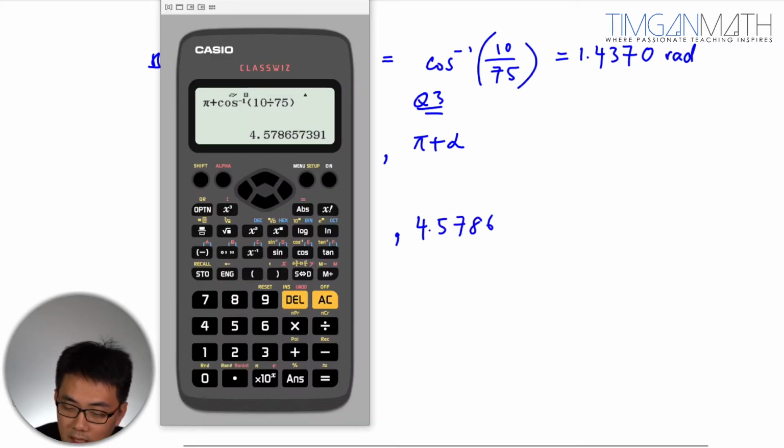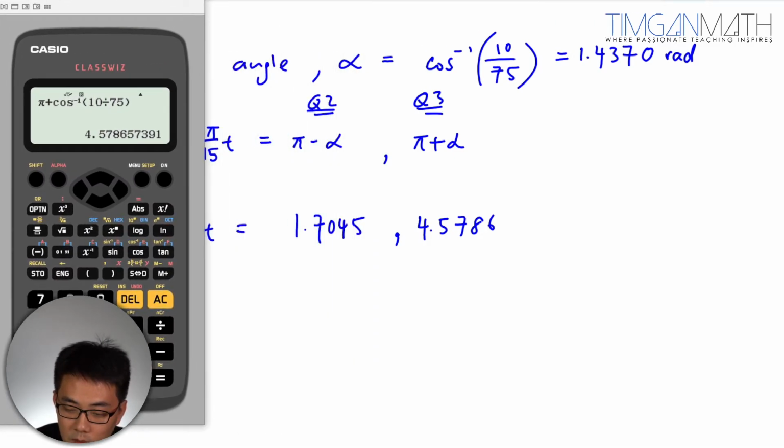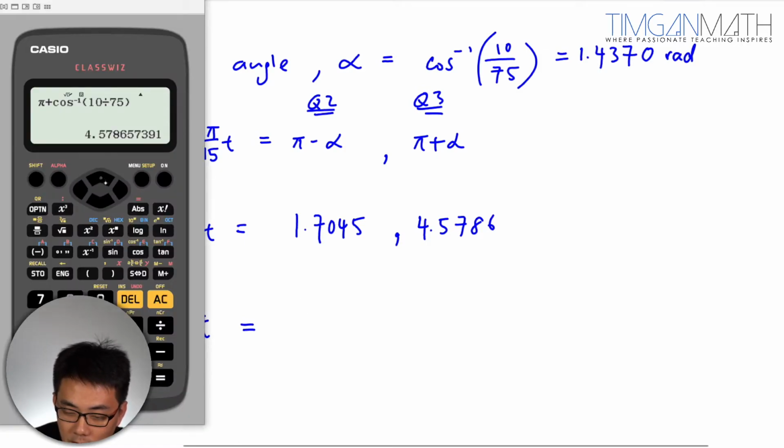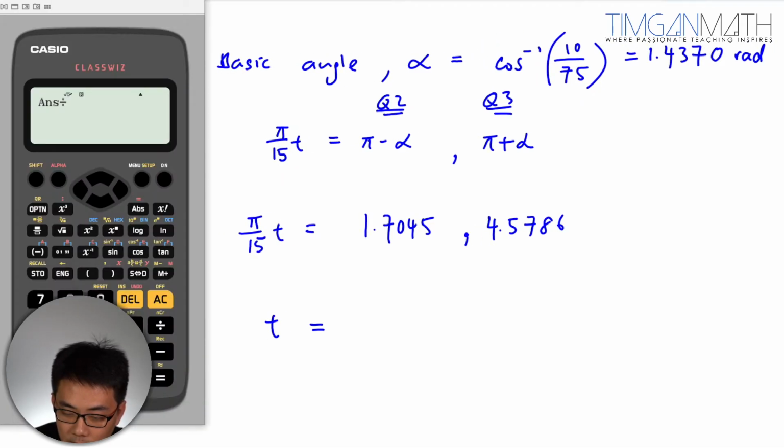Okay, then after which what we need is finding the t. So we just multiply by 15 and divide by pi, so just take this and divide by pi over 15.